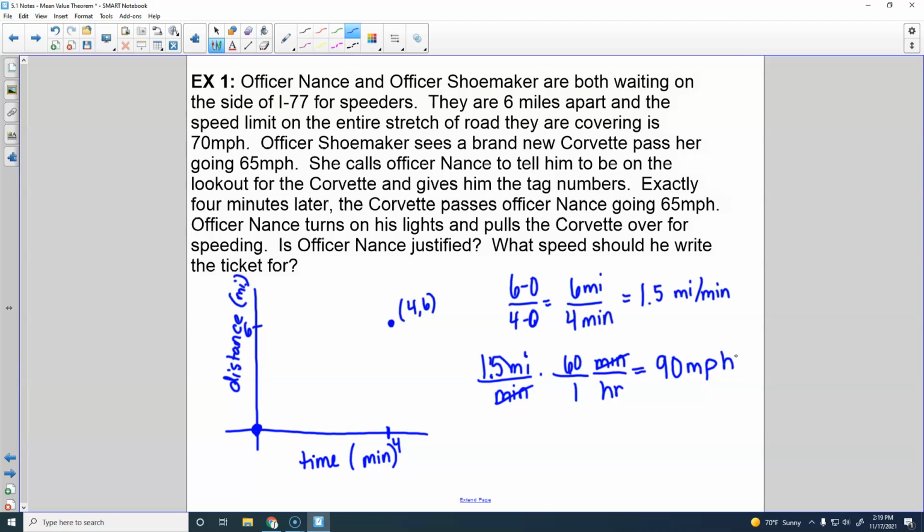Okay, so assuming that they could prove everything, and it would hold up in court, then the average speed of this car had to be 90 miles per hour at least once. And considering we know that he was going slower than 90 miles per hour at the 2 endpoints, that means he was going faster than 90 miles per hour sometime during the course there.